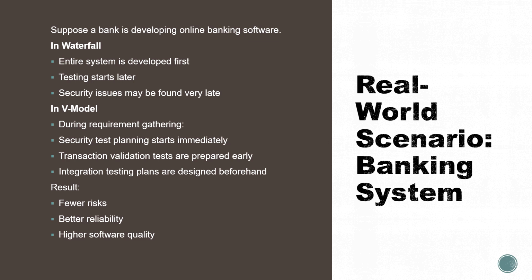So security testing, transaction validation testing and integration testing, for example, इन सबकी planning start होगी. तो as a result क्या होगा? Risks are reduced, reliability improves and software quality becomes higher. यही reason है कि why industries like banking often prefer models with strong testing strategies, and obviously as compared to the waterfall model, the V model has stronger emphasis on early testing activities.